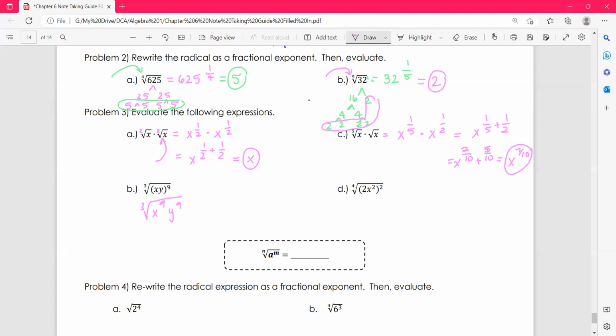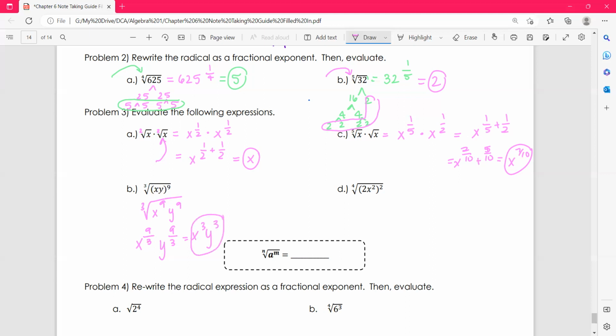And then when I bring this to fractional exponent form, I don't have the cube root anymore. Remember, the index becomes the denominator. The exponent is the numerator. And then I can simplify, 9 divided by 3 is x to the 3rd, y to the 3rd.